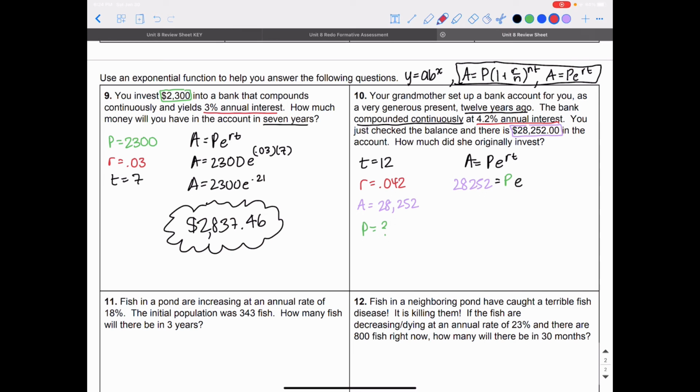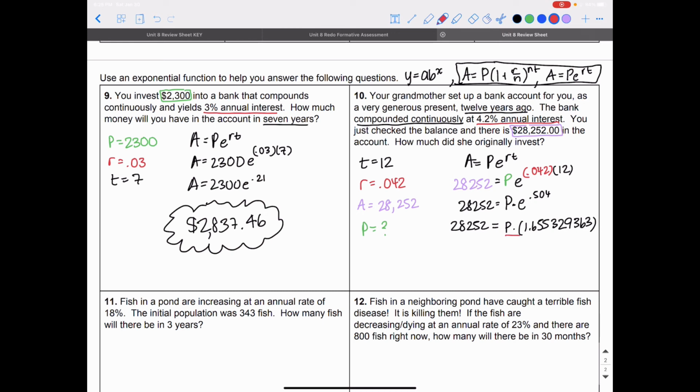I have e to the 0.042 times 12 power, and that's actually the 0.504 power, so I have e to the 0.504 power times P gives me $28,252. E to the power of 0.504 is 1.655363, and you want to write as many decimals as your calculator gives you.